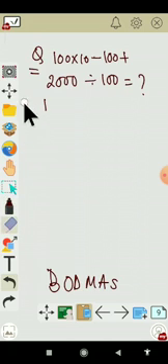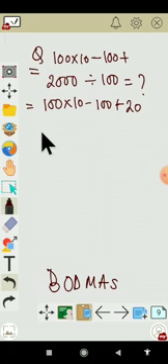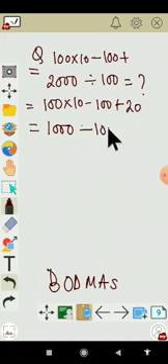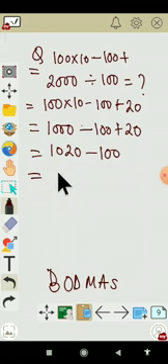Whatever else is there, write it as it is. So this will be 20 after cancelling the zeros, and after that do the multiplication. So that is 1000. Now write down 1020, then write down 920.